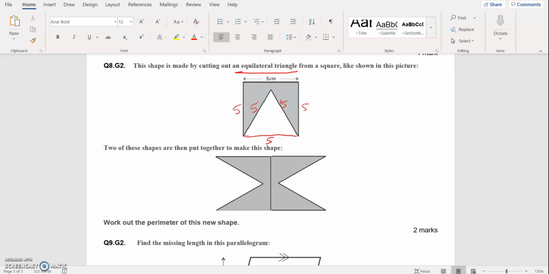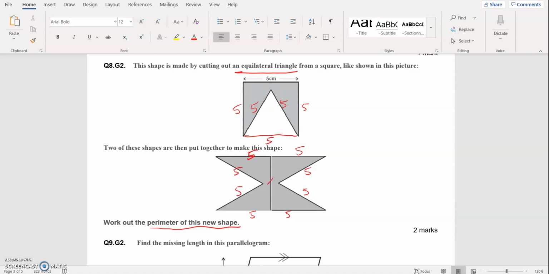So this is going to help us work out the perimeter of the new shape, which is made of the two of the shapes put together. So we have this being 5, 5, 5, 5, 5, 5, 5, 5.